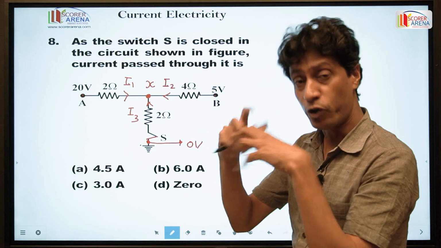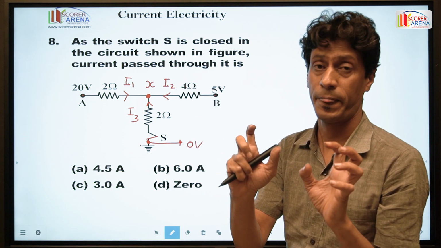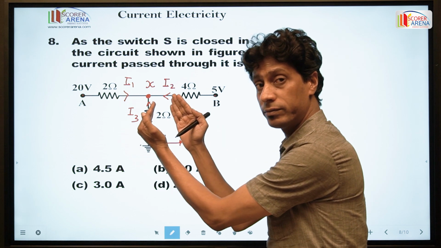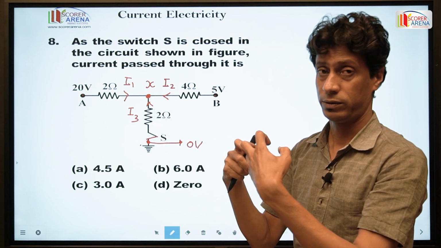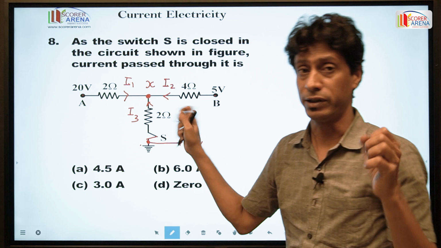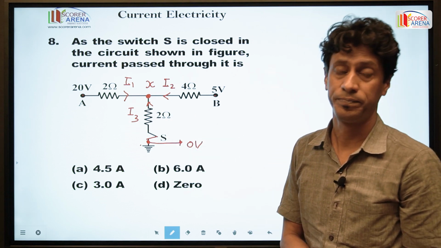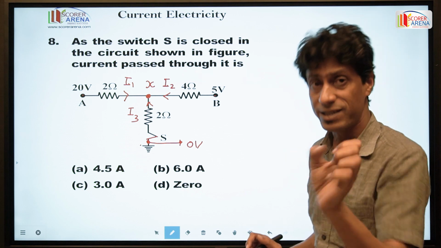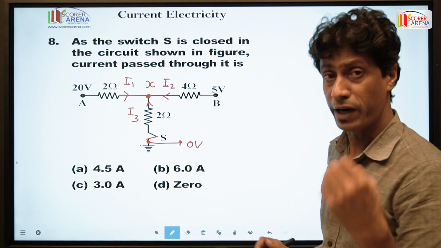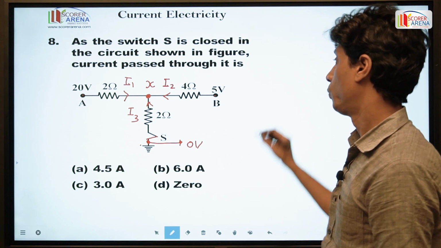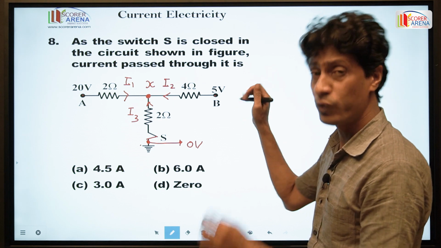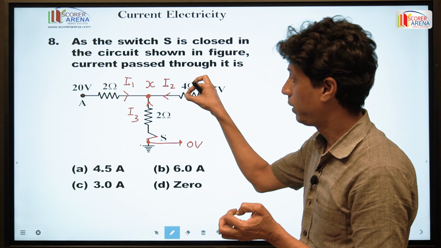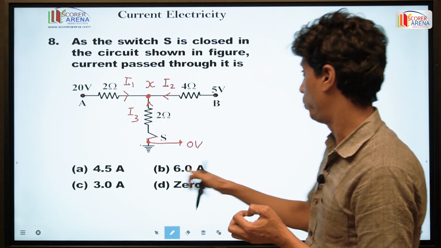So here two important considerations: either you have to take all the current entering or you have to take all the current leaving the unknown potential node. But one confirmation by the KCL, Kirchhoff current law, you have to apply the current law at the unknown potential node.